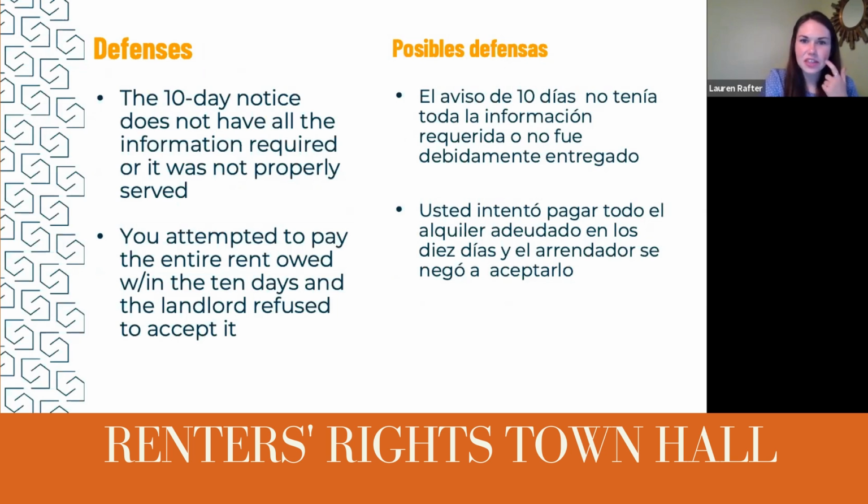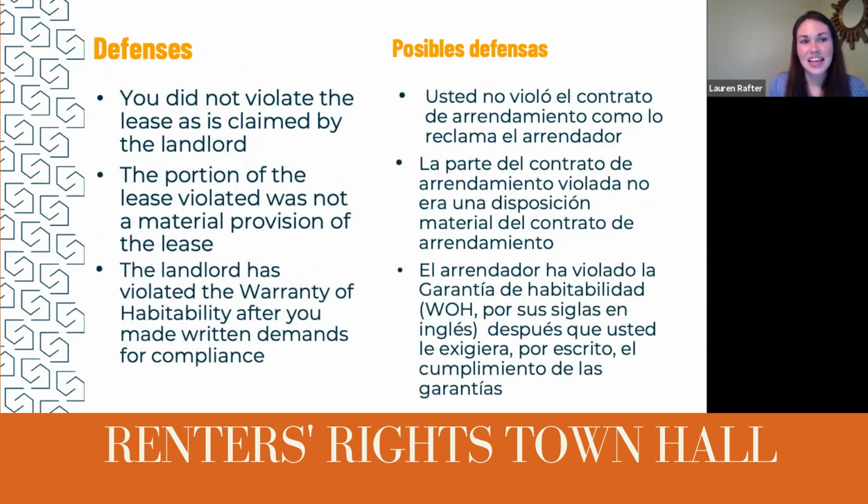The first is that the notice doesn't have all the required information that it's supposed to, or it wasn't properly served on you. The second is that you attempted to pay the full amount of rent that you owe within that 10 days, but the landlord refused to accept it for some reason. A third option is that you did not violate the lease as the landlord claimed you did.